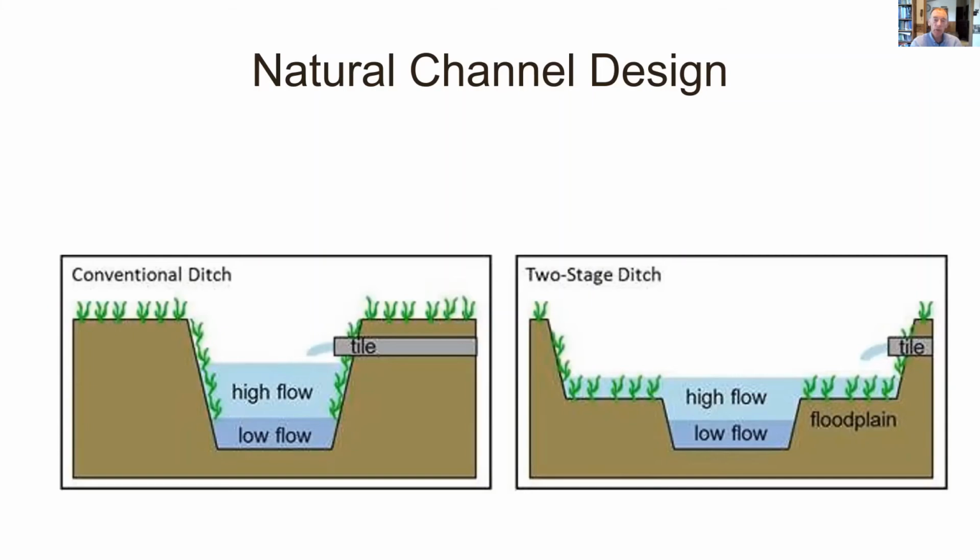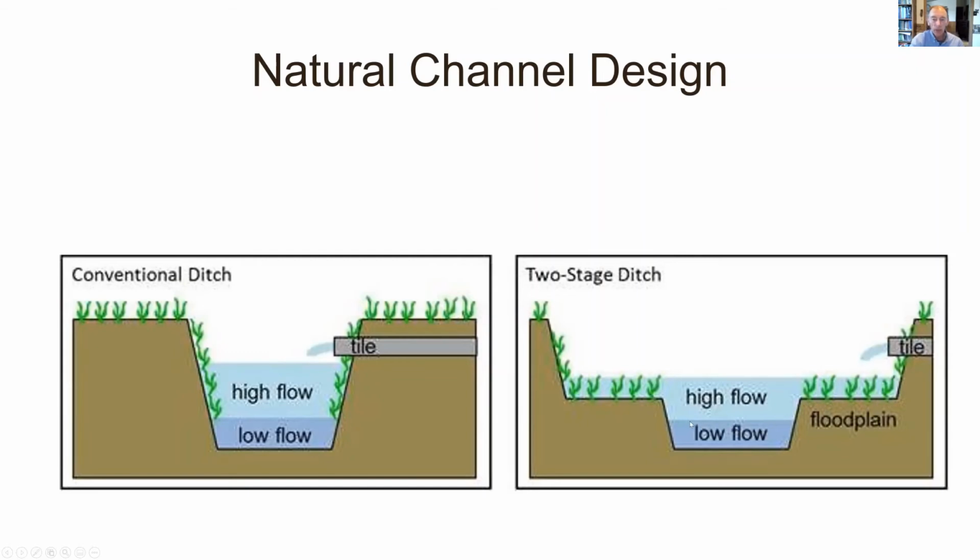I stole this picture off the internet, by the way, and I didn't give any credits to it. It's a fairly generic, conventional ditch with steep sides, a low flow channel, and then the high flow channel, and the tile maybe above that or maybe not. And then the two-stage ditch simply gives back a small floodplain to the stream or to the ditch.